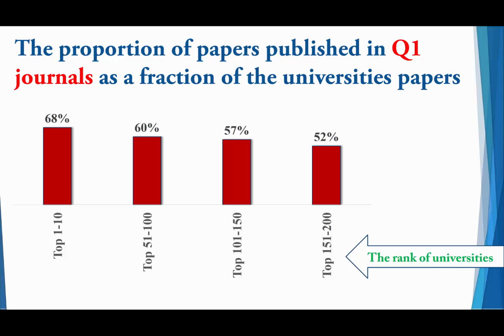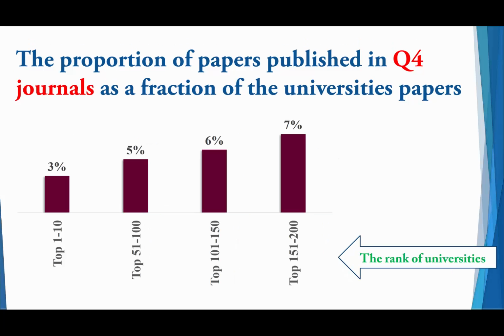The top 101 to 150 global ranked universities publish about 57% of their papers in the Q1 journals, and this number for the top 151 to 200 global ranked universities is about 52%.